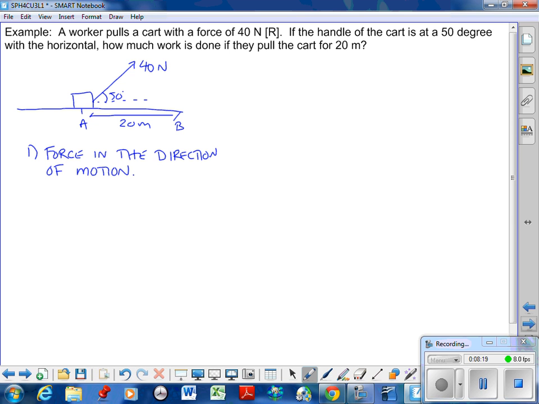So the 40 newtons, there is some force pulling here, there is some force pulling here. The force in the y direction is pulling upward on the cart, and it's probably making it a bit lighter and easier to move. The force in the x direction is actually what's moving the cart, which means it's the amount of force in the direction of motion. So we have to find Fx.